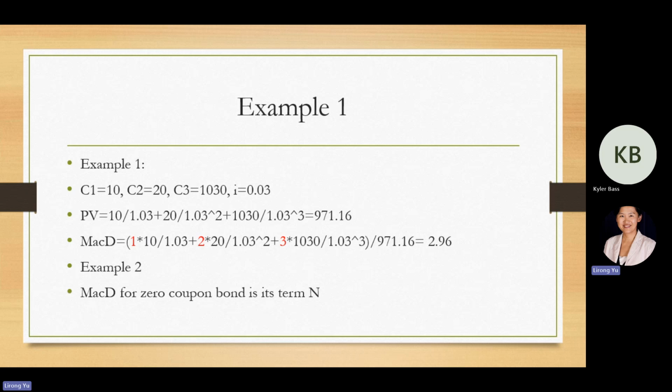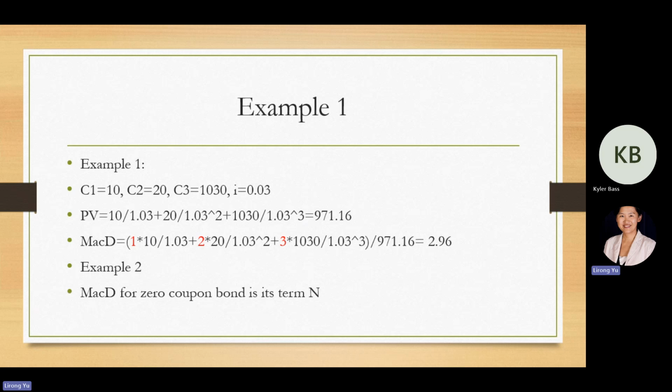Now it's time to calculate the weighted average. The first cash flow is 10. We divide by 1.03 to find the present value, and then divide by the total present value to find its percentage. For the second, the present value of that cash flow is 20 over 1.03 squared, divided by the total present value.